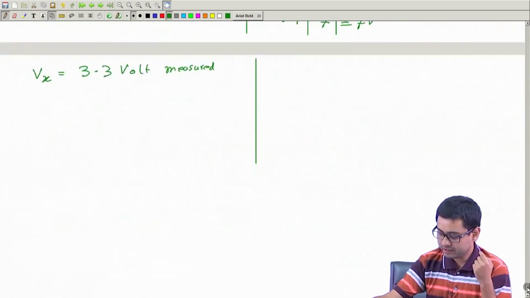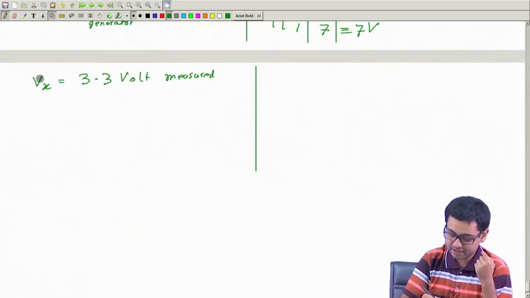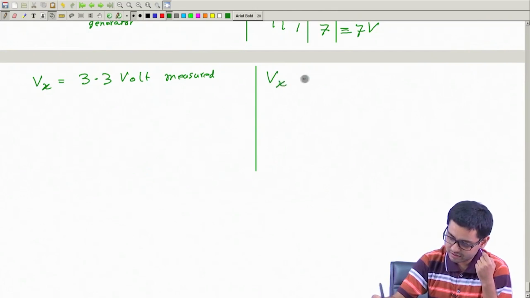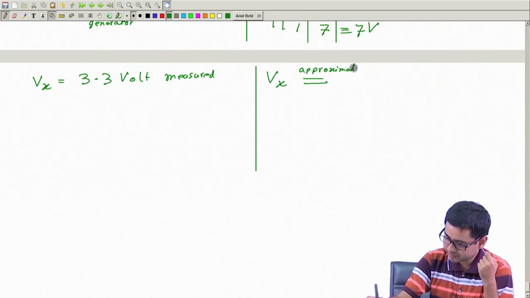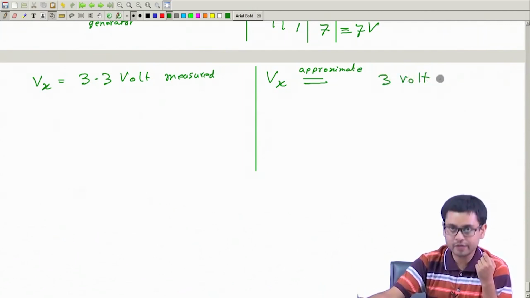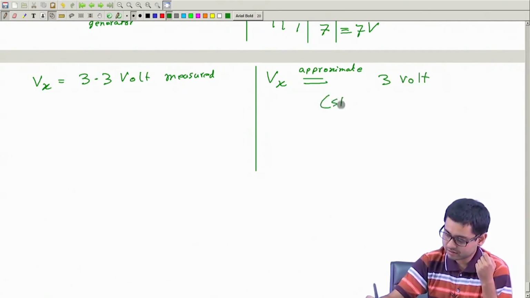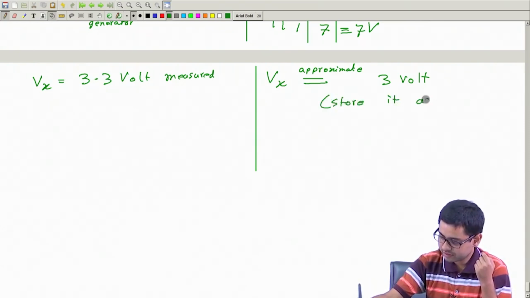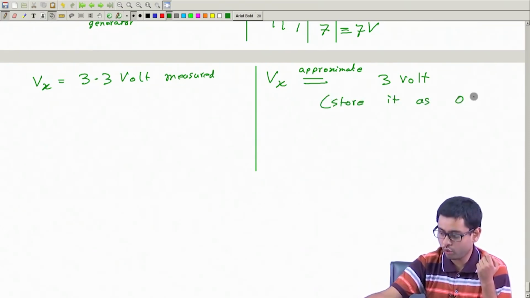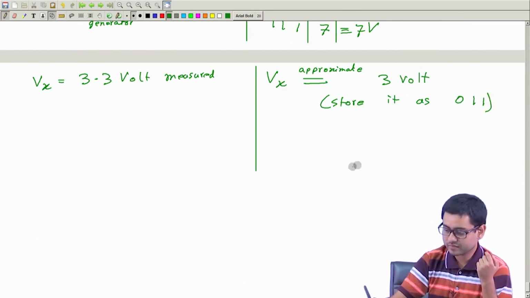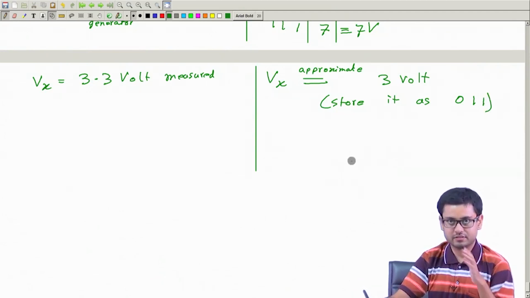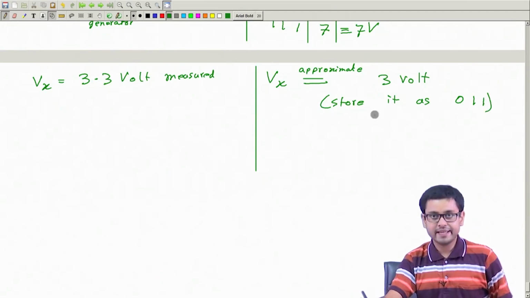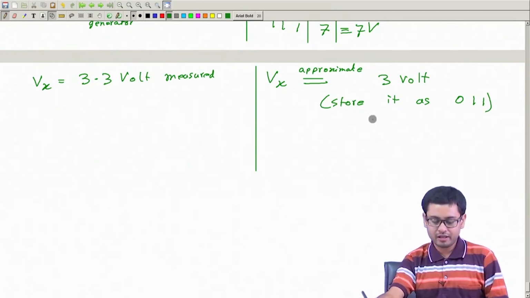So we have to approximate this Vx as maybe 3 volt, and we will store it as the binary number 011. This is equivalent to 3. This is what is called the digital representation of an analog voltage.